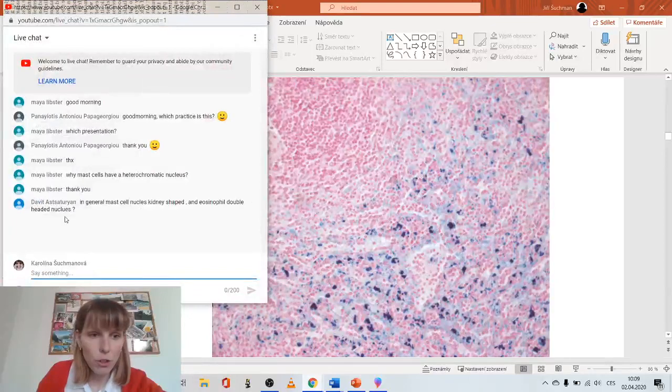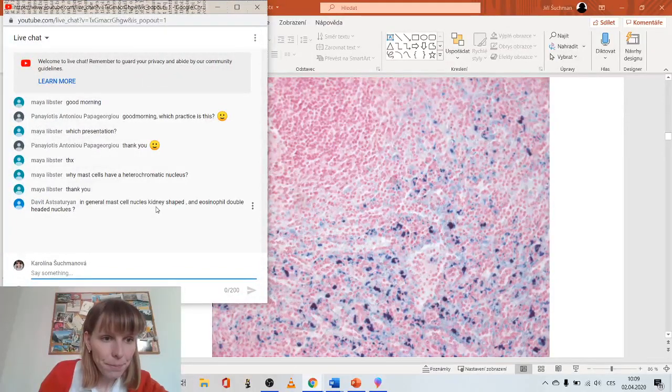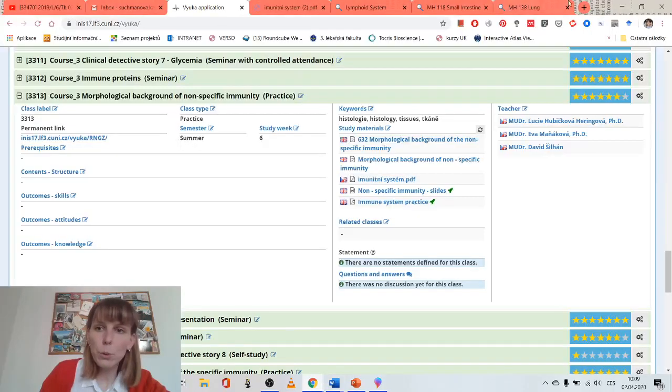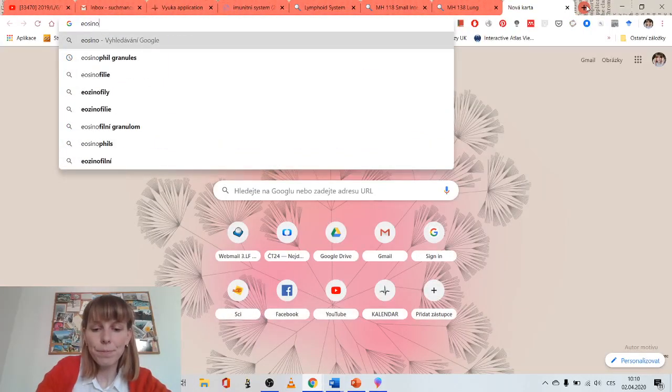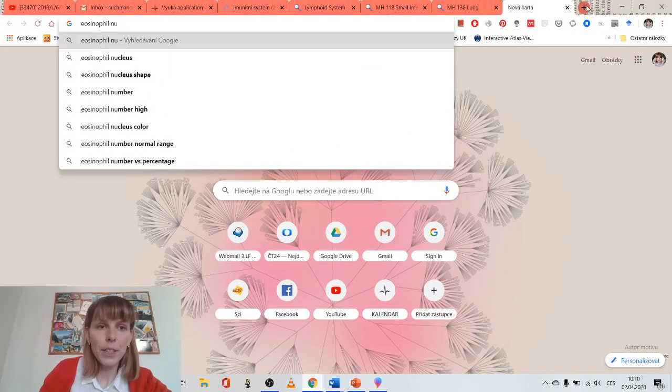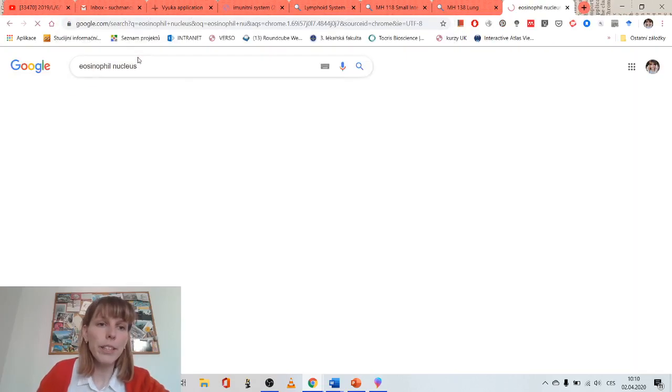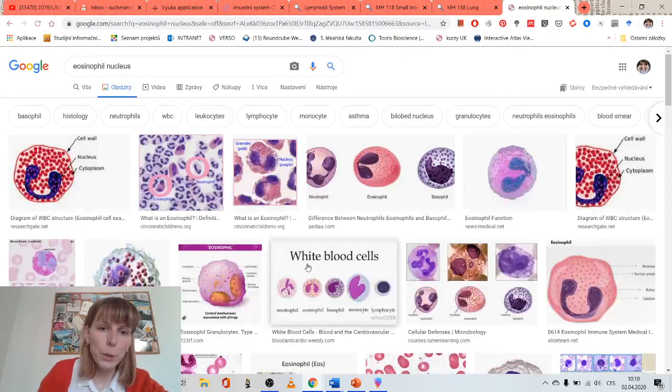Checking the question. Yeah, one more question about the mast cell. Sorry that I'm getting to it so late. So the eosinophil, if you want to see the nucleus, would have two lobes, sort of.